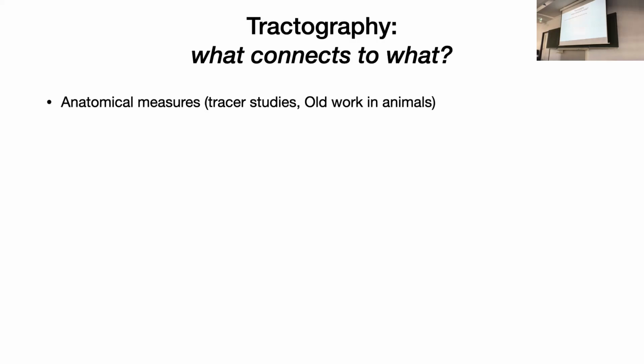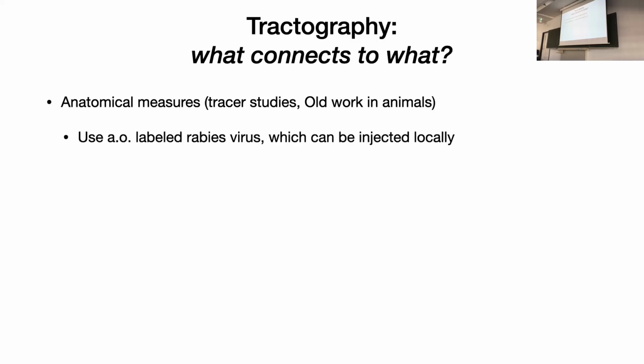The old work that was done in this field is all horrific Frankenstein material because they used animals, monkeys predominantly, and used these tracer studies. What you do is you take a virus, for example, a rabies virus that we know can travel from cell body to axon to dendrite to next axon.